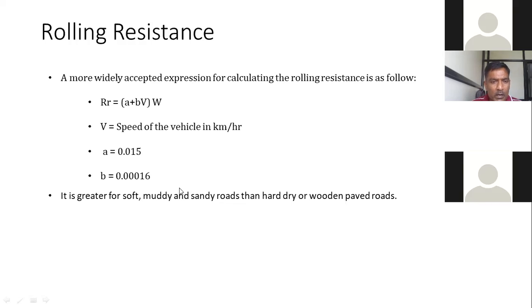So more tractive effort is required, more power is required to drive a vehicle on those roads. And in the case of wooden paved roads or roads having a paved structure, there is less rolling resistance. You can consider our highways.